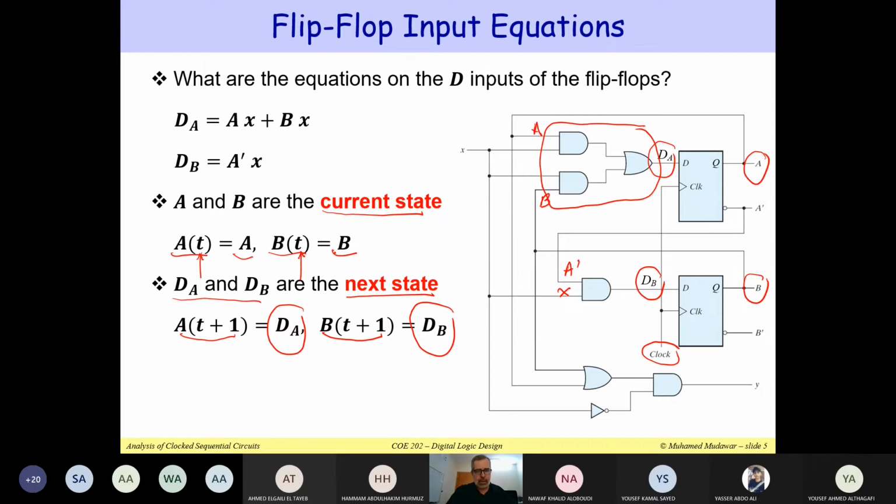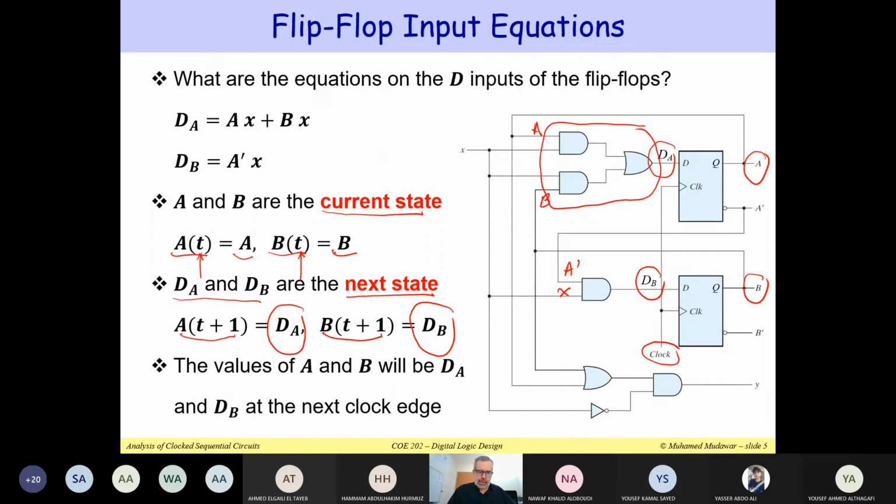This is very important. The next state appears at the inputs of the flip-flops, and the current state appears at the output. So the values of A and B will be DA and DB at the next clock edge. Basically, we change A and B cycle by cycle, at the rising edge of the clock. So these are the flip-flop input equations.